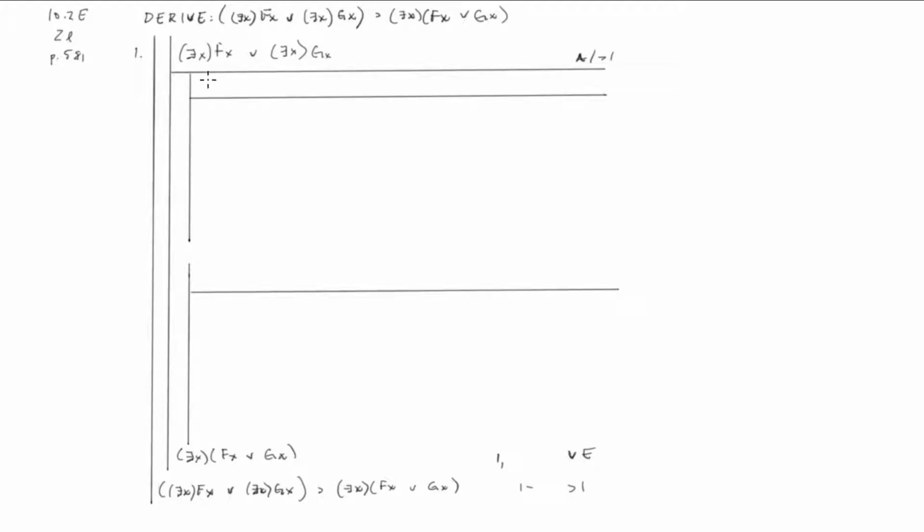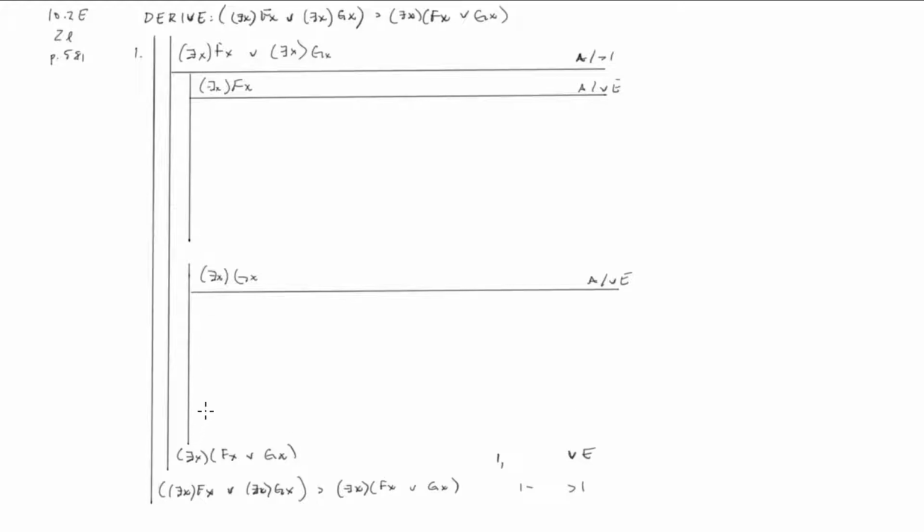On the first subderivation, we're going to assume the left disjunct. Something is f. There's an x, fx. That's an assumption for wedge elimination. On the second subderivation, we're going to assume the other disjunct. Something is g. There's an x, gx. That's an assumption for wedge elimination.